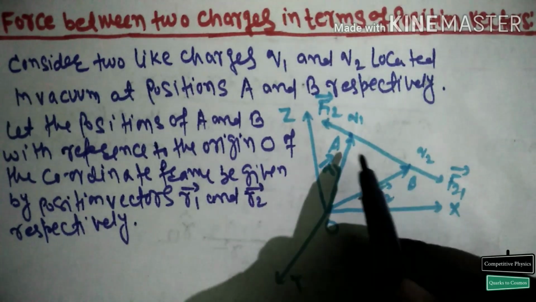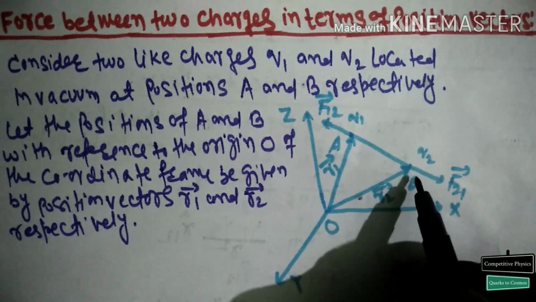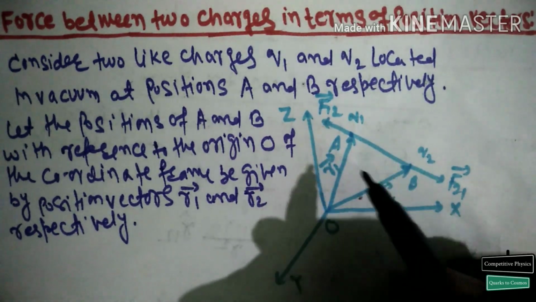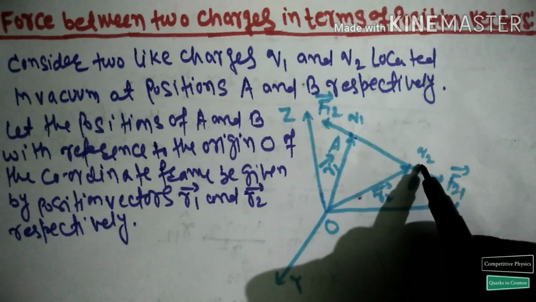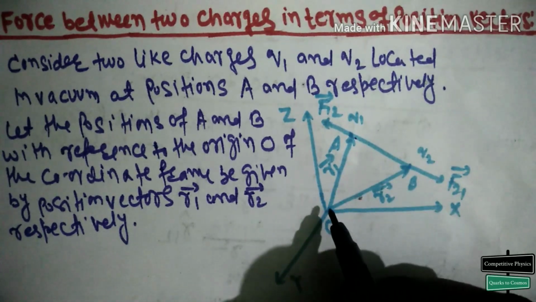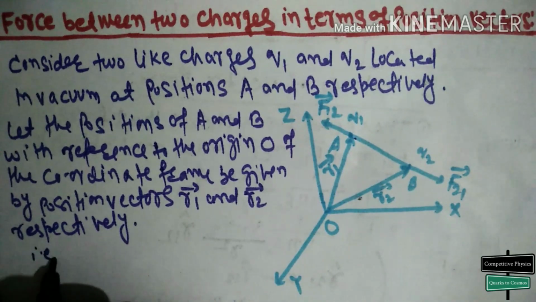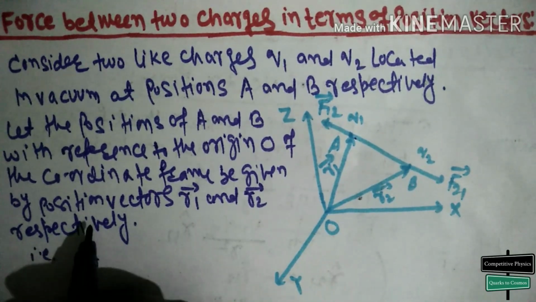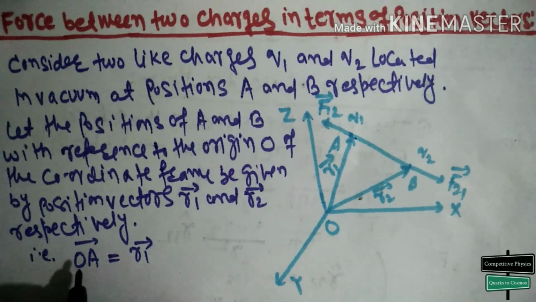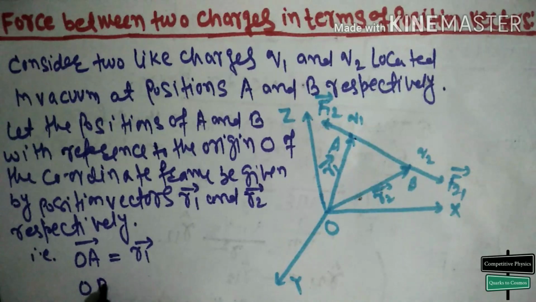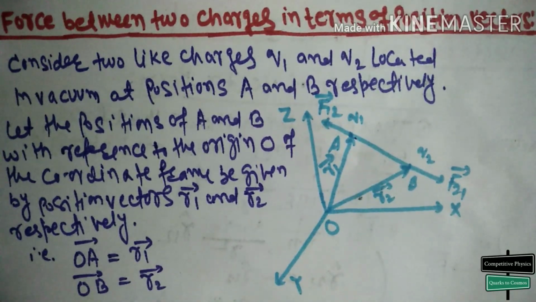So again, you see that here is a charge q1 which is at point A and another charge q2 which is at point B. And suppose that the position of q1 with respect to the origin is r1 and the position of q2 with respect to the origin is r2. That is, I can write OA equals r1 and OB equals r2.